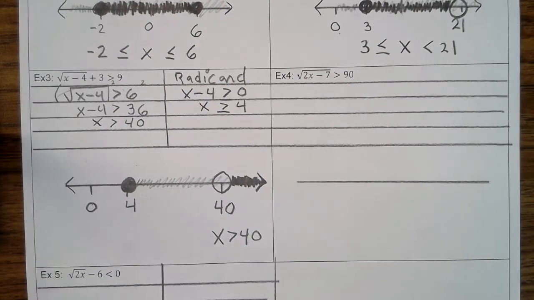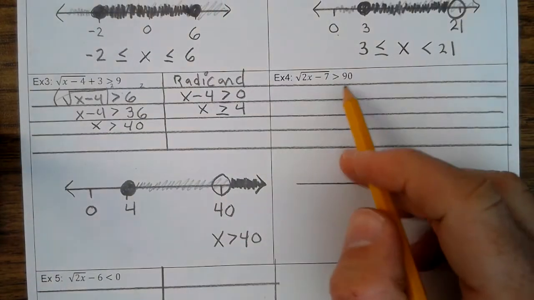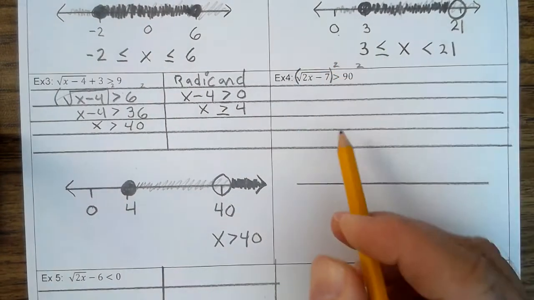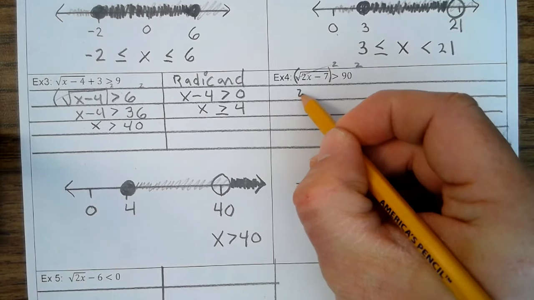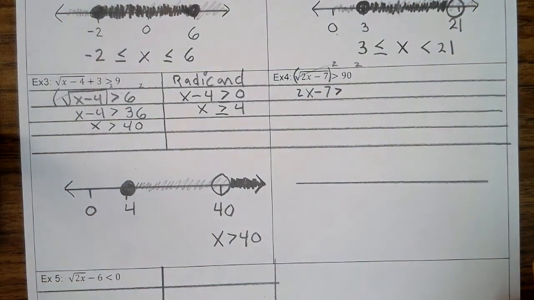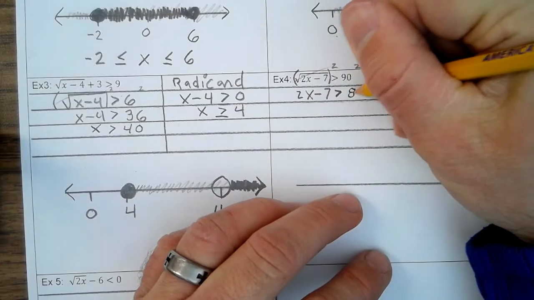All right, we isolate the square root, it's already isolated, so then we square both sides. So that becomes the power of 1, so then it's 2x minus 7 greater than 90 squared, which is 8,100.